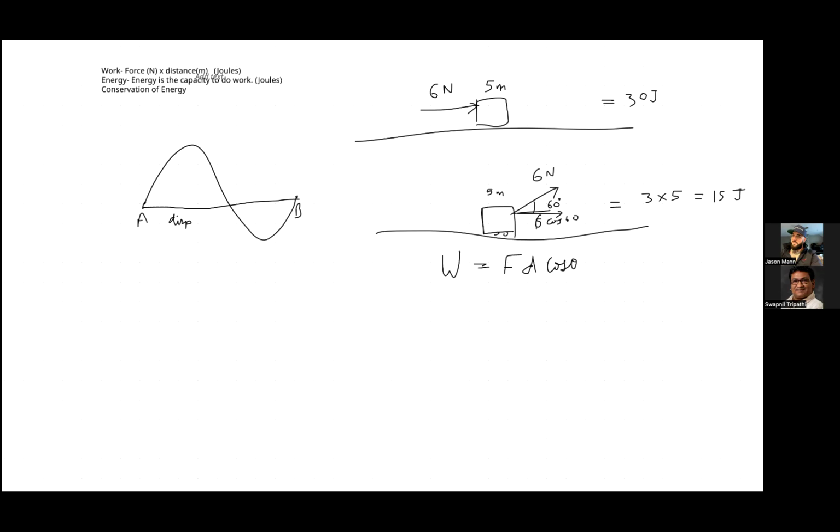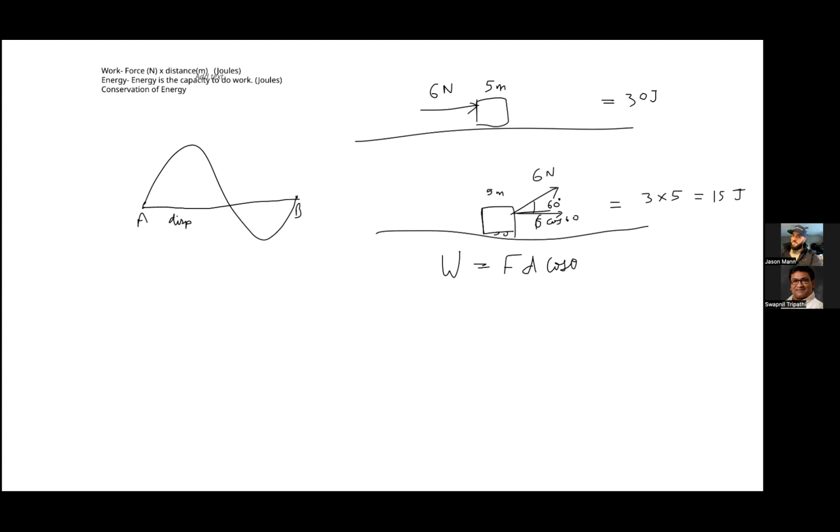Now, the interesting thing about work in physics is that sometimes you could have zero work, even though it may look like something is being done, but the work may be zero. Sometimes even you could have negative work. Although work is a scalar, it's not a vector. So you can't say that there is 30 joules of work in the north direction or something like that.